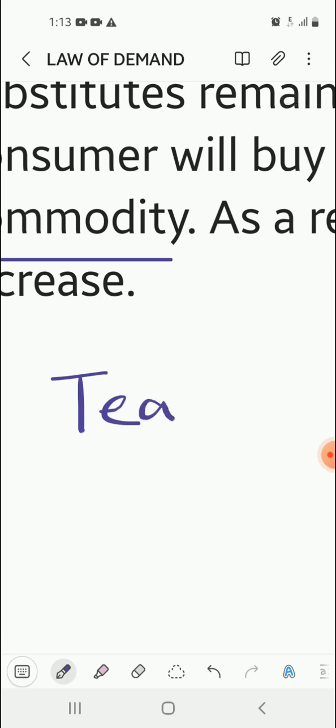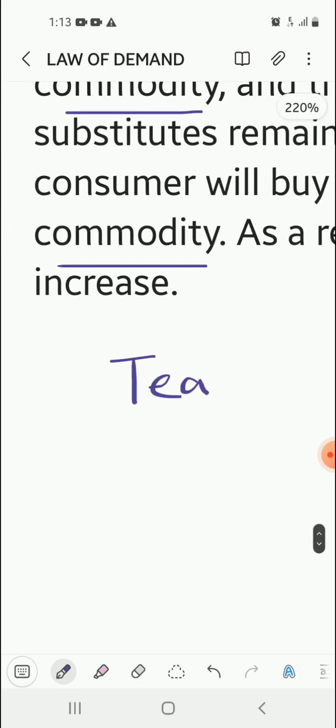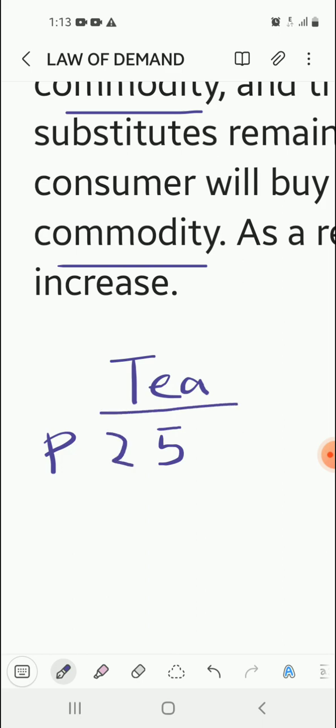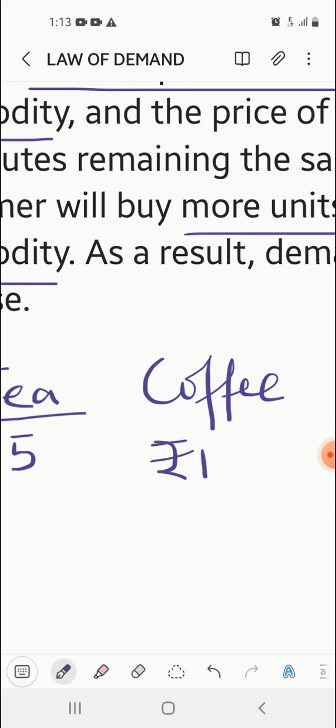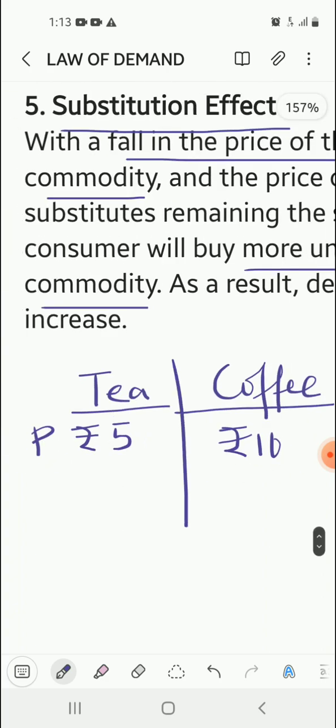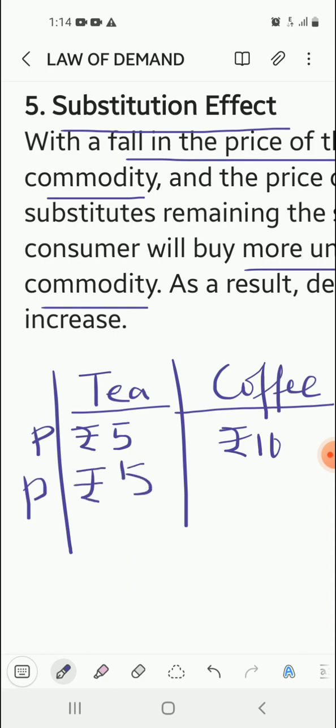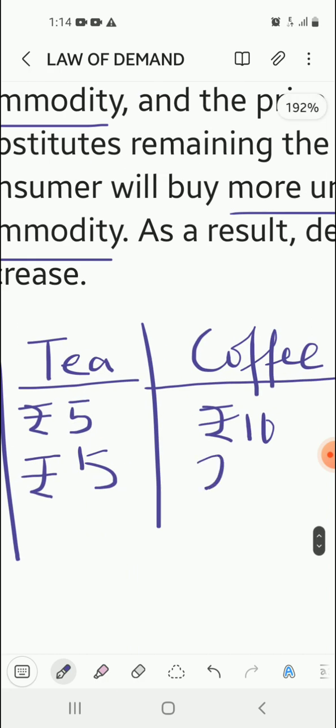Say the price of tea was 5 rupees and coffee was 10 rupees. It's usually more costly than tea, though it depends upon what kind of tea and coffee. Now the price of tea remains 5, just the way it was, but coffee has decreased to 6.